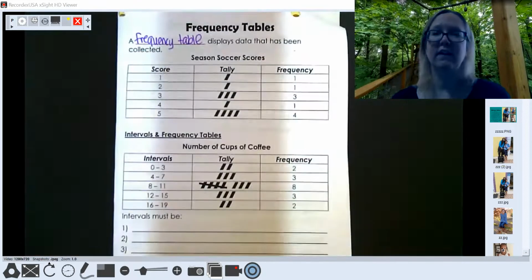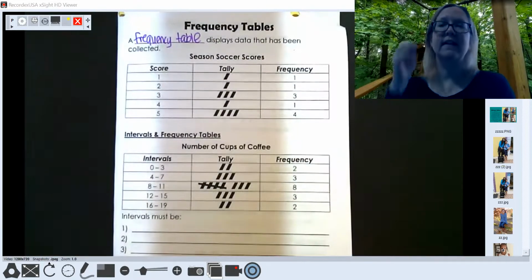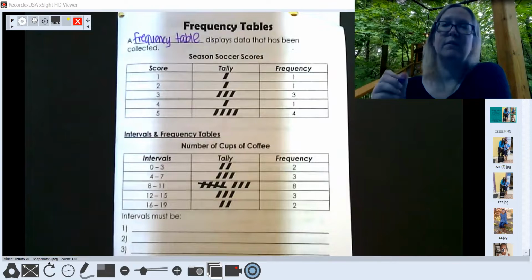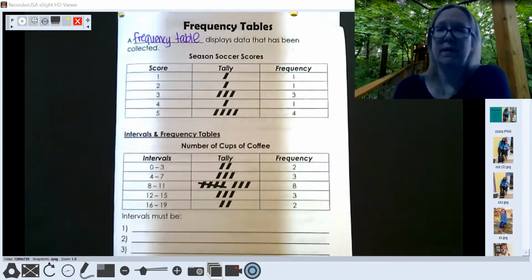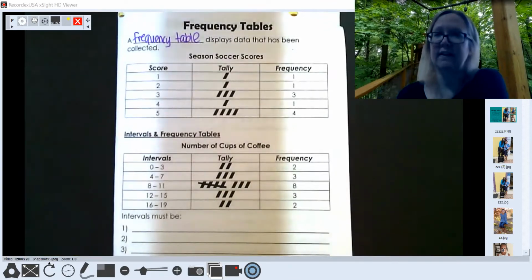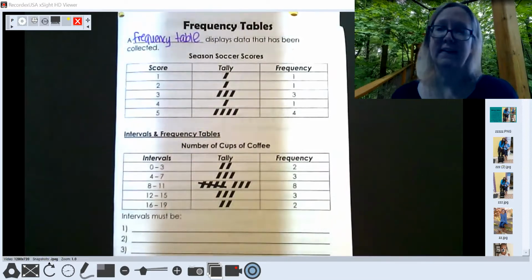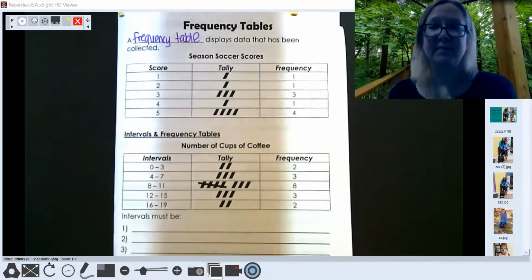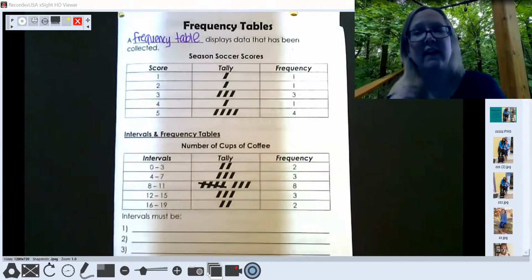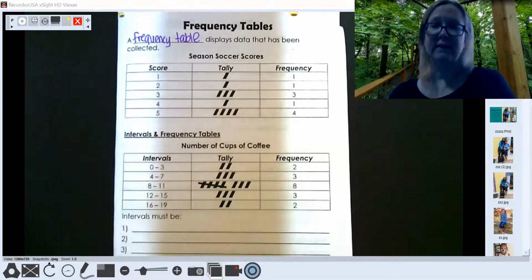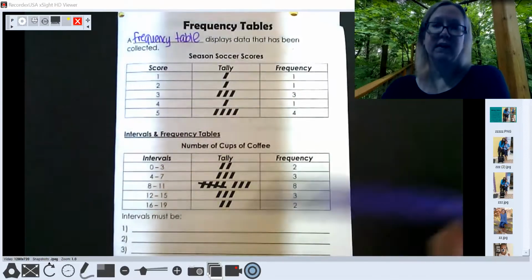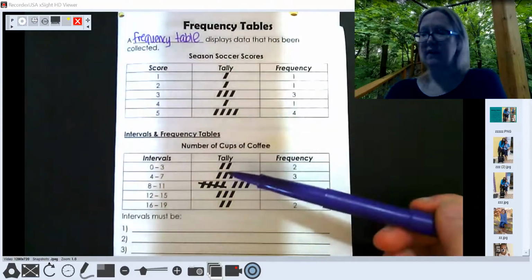So if you were conducting a survey, you might collect that data in a frequency table. Instead of just questioning people and writing their responses down in some random order, a frequency table would help you organize that data as you collect it, so that when you're done collecting your data, it's easier to organize.